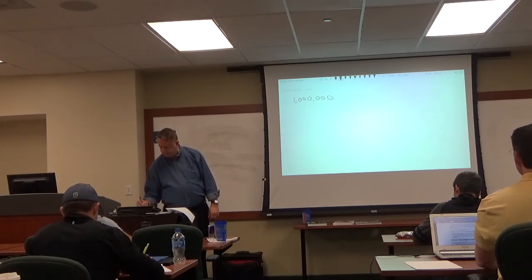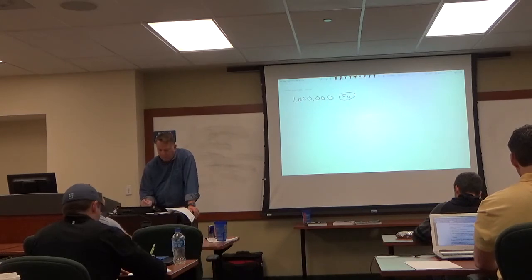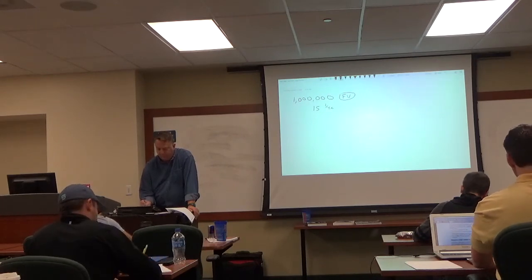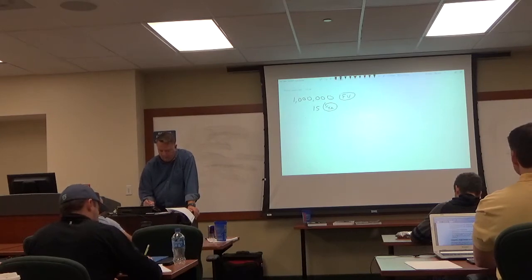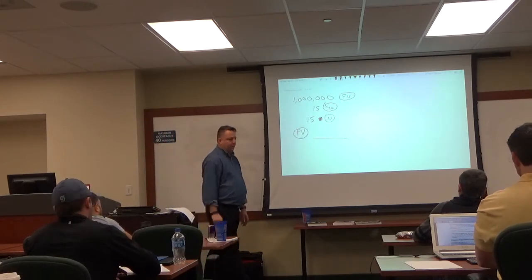That's going to be the future value at some point in time, and we want to get a 15% rate of return on that investment. We're assuming this is going to occur over a 15-year term as well. We want to know how much that investment would be worth to us today.